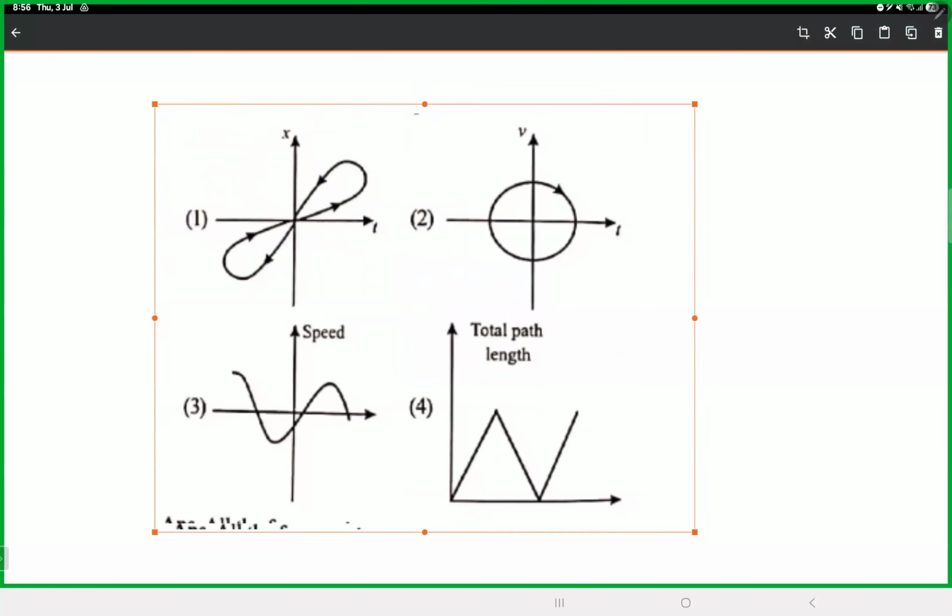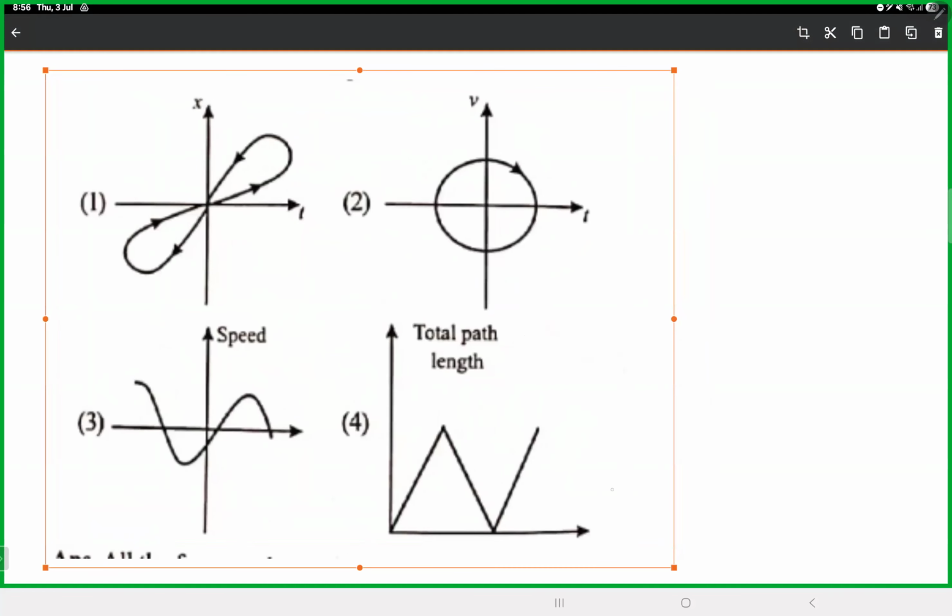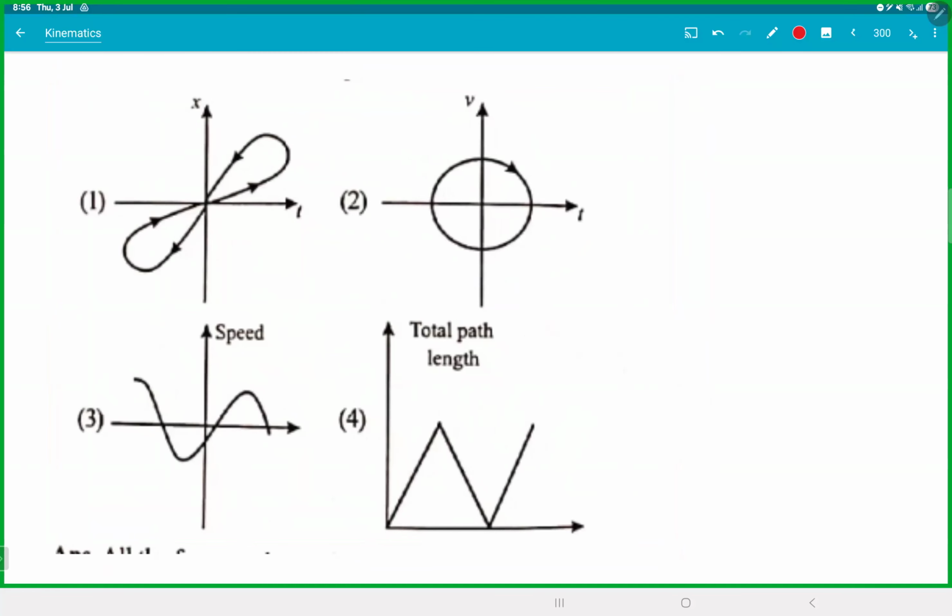So there I gave you 4 graphs. Which of the graphs are not possible? Or which of the graphs are possible?